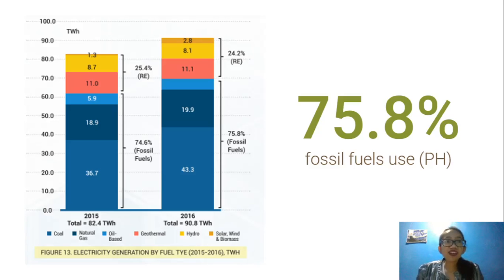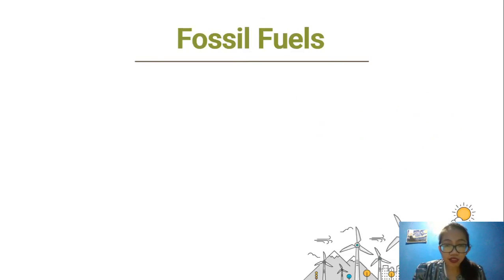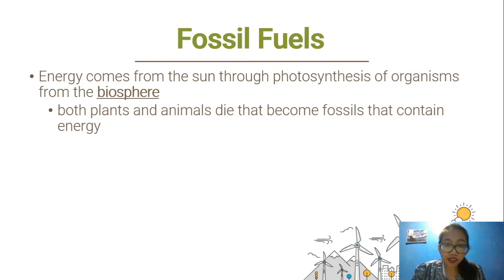Even if it's ideal to stop using fossil fuels, the world as well is very dependent on them. 88% of the electricity generated by the world is from fossil fuels. Okay, so again, fossil fuels come from dead organisms or from dead plants and animals.